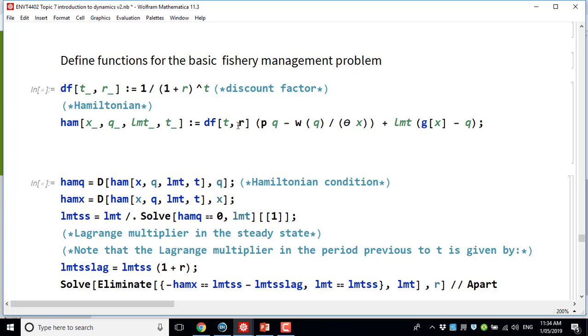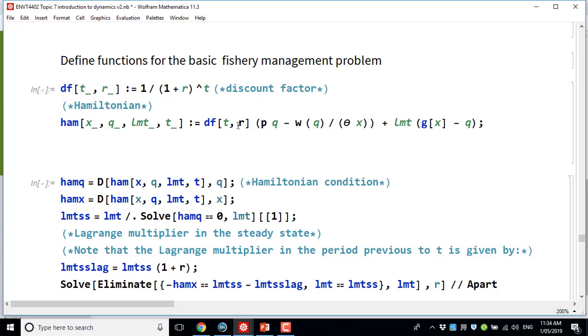So the profit is just total revenue minus total cost, and then we've got the growth function here, and this gives us the change in stock.